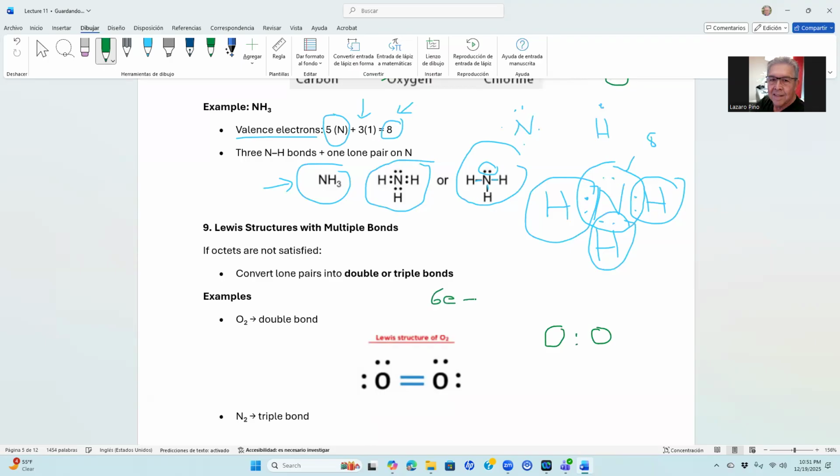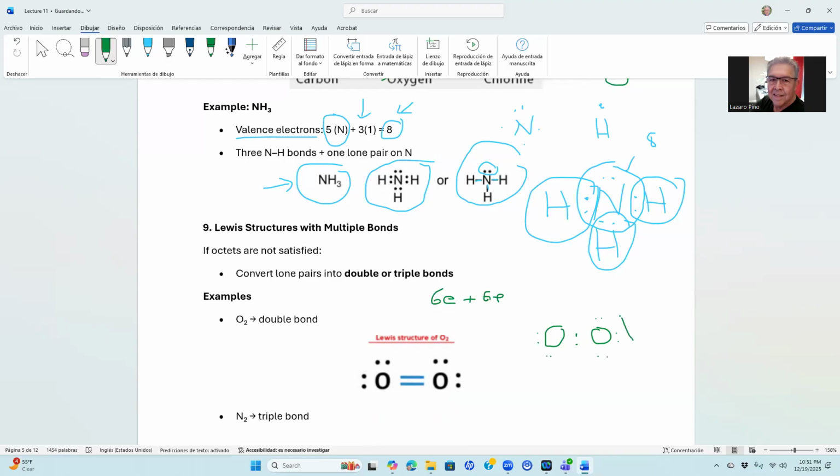Then we have 6 and 6, 12 electrons. Then I have 2 here, then I continue here, 4, 6, 4, and 6, then 1, 2, 3, 4, 5 times 2 is 10. Then I have 2 more electrons to complete.